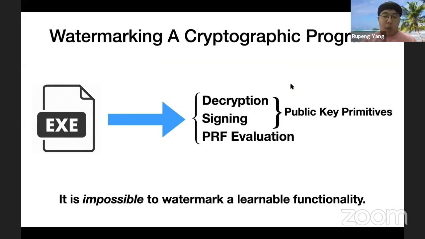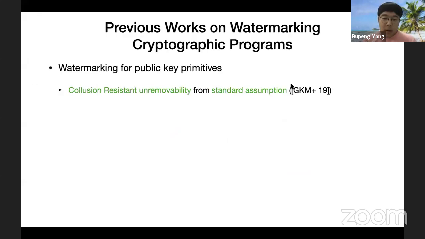So in the study of watermarking, we usually focus on watermarking schemes for cryptographic programs, such as the decryption algorithm of an encryption scheme, the signing algorithm of a signature scheme, and the evaluation algorithm of a pseudorandom function.